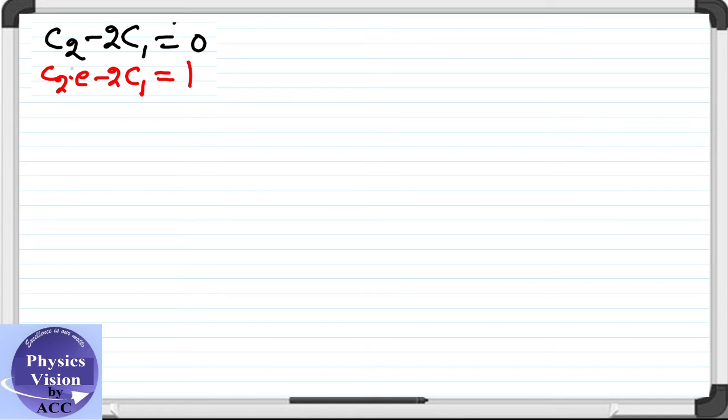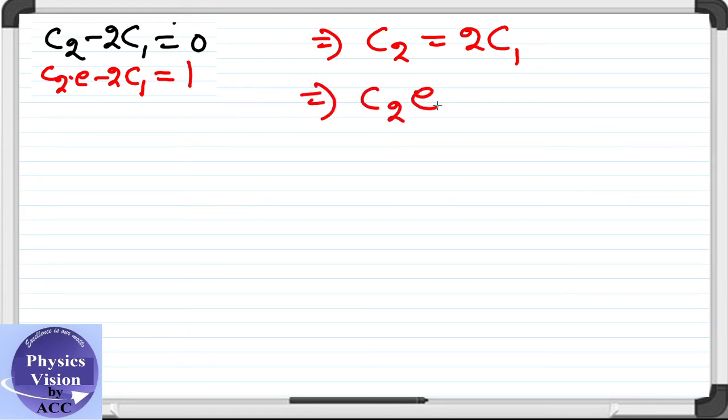How will we do it? It's very simple. From the first equation, c2 is 2 times c1, or 2c1 is equal to c2. So in the second equation, when we put this value, we get c2 e minus c2 is equal to 1.